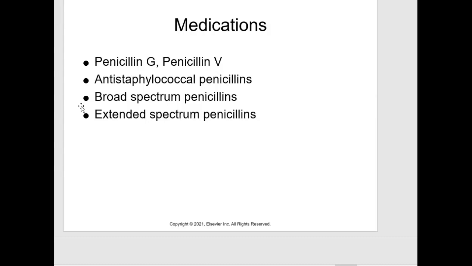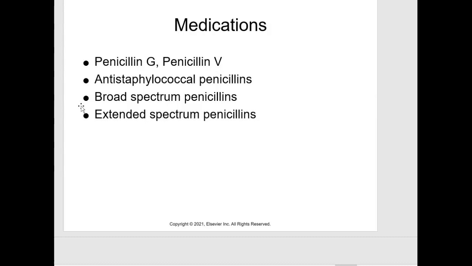Okay, the properties of the individual penicillins. Penicillin G is benzyl penicillin; there's also penicillin V. Those were some of the first penicillins available, and we consider penicillin G the prototype. When we say penicillin, we're referring to penicillin G, essentially.